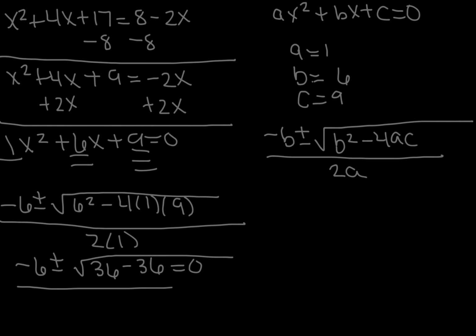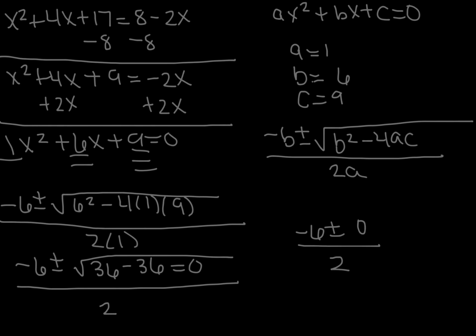And all of that is going to be over 2 times 1, which is 2. Okay, the next step we're going to do is we're going to have negative 6 plus or minus the square root of 0 is 0. And that's going to be over 2.